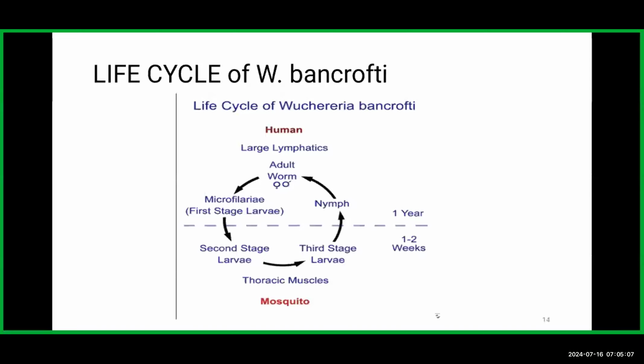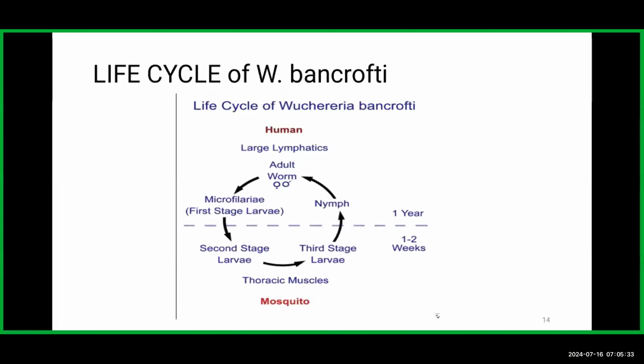So when you look at the life cycle, you see that there's a stage in the mosquito and a stage in humans. The organism spends about 2 weeks in the mosquito. When the mosquito takes a blood meal, it ingests the first stage microfilariae, which is produced by reproduction after mating of the adult male and female worms.